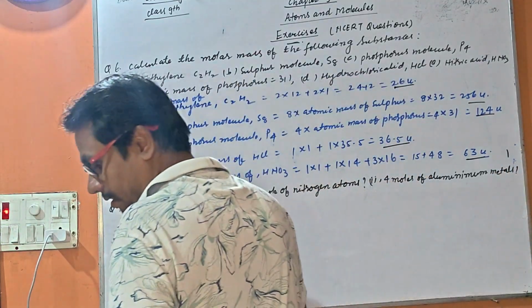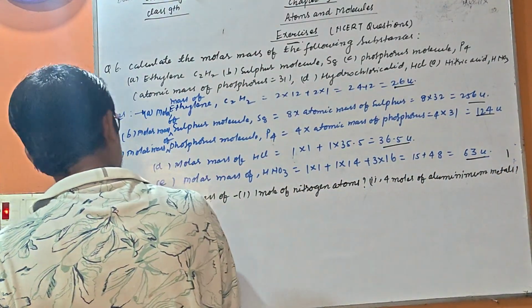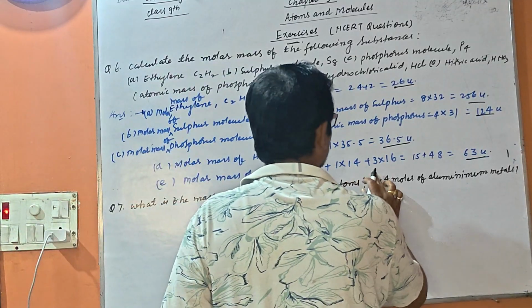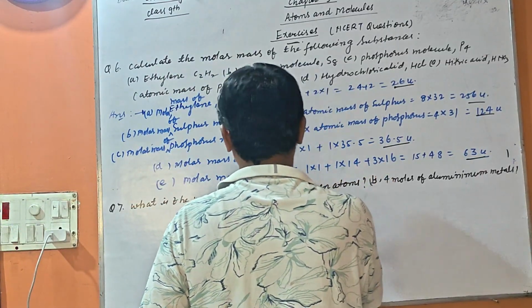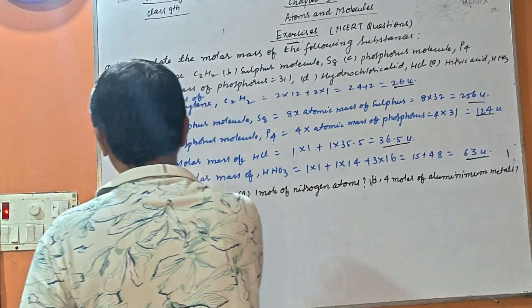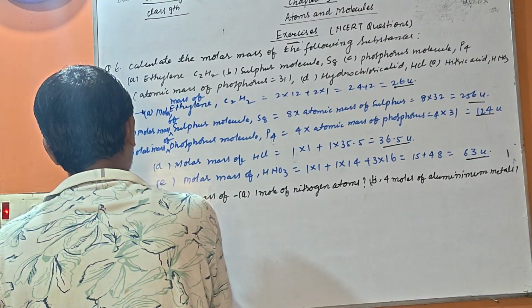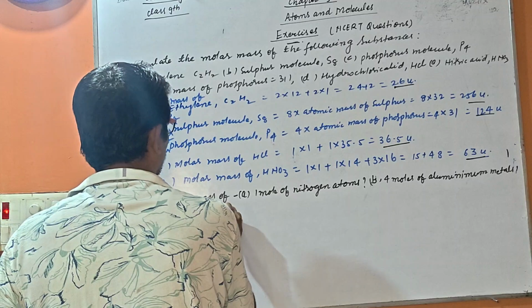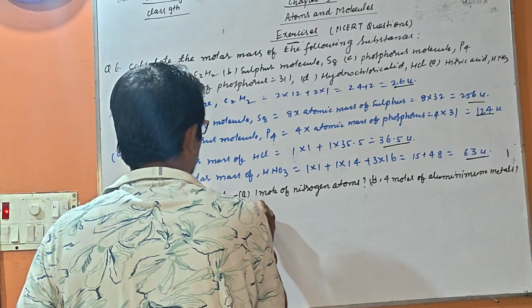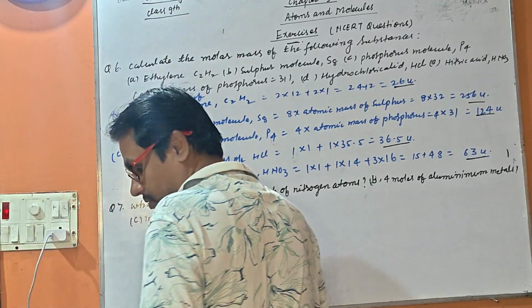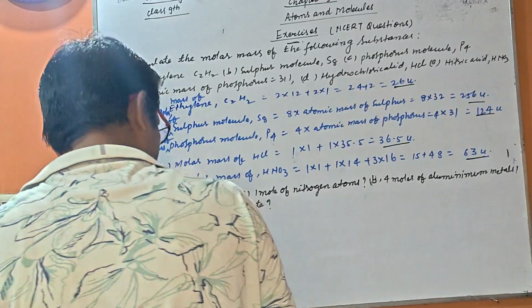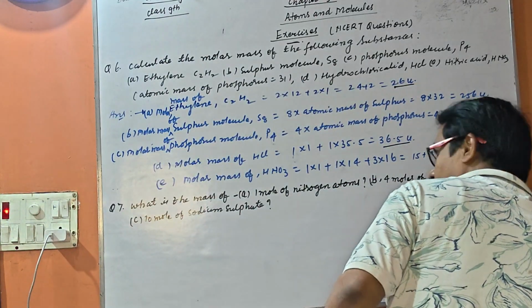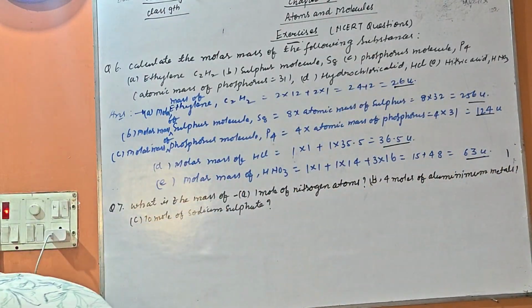And the third is 10 moles of sodium sulfate. That is the question you have to solve. There are only 3 questions. The answer is not so big, but calculate.